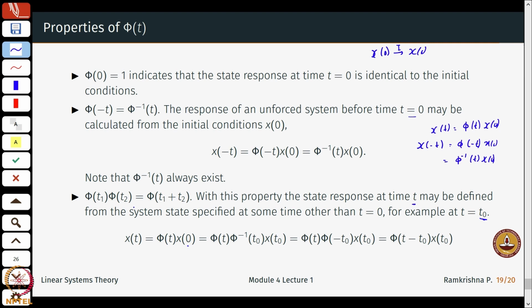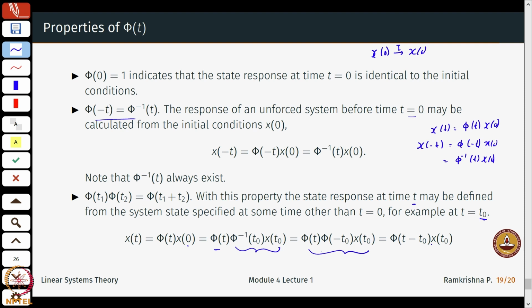So, I just use the properties which I know earlier. Phi of t, I can write it this way. Then I can use the second property to rewrite it in this way, and then the third property we will just plug in here as phi of t minus t naught times x of t naught.